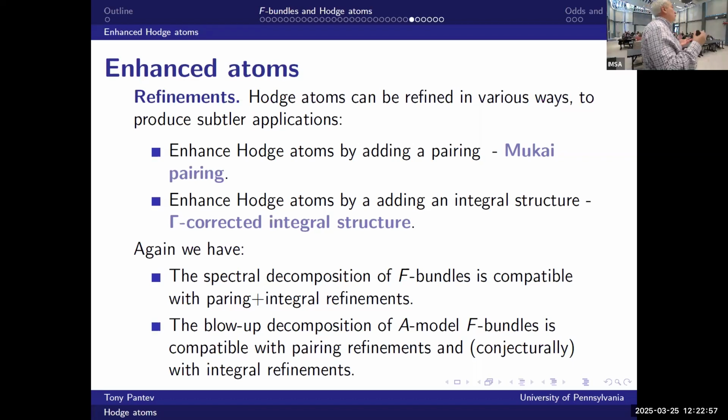The spectral decomposition of these bundles is compatible with the refinements. The Bloch decomposition is compatible with the refinements, certainly with the pairing and the duality refinements. The integral structure refinement we haven't quite proven yet, and it's really tricky because we're doing these things analytically.